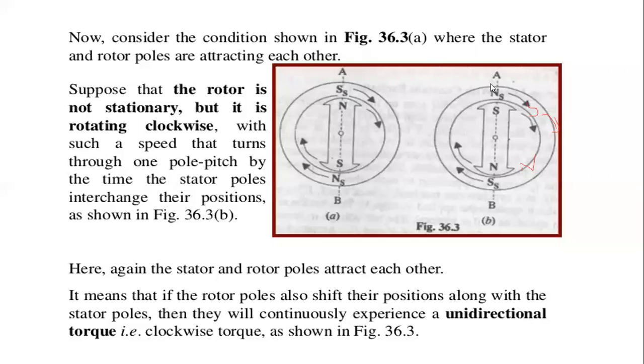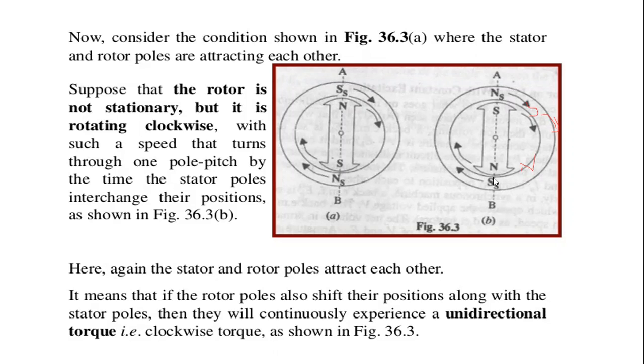In this case the stator poles interchange their positions, that is N and S like this. In this condition S and N, and therefore after one pole pitch, by the time the stator poles have interchanged their positions, N is like this and S is like this.